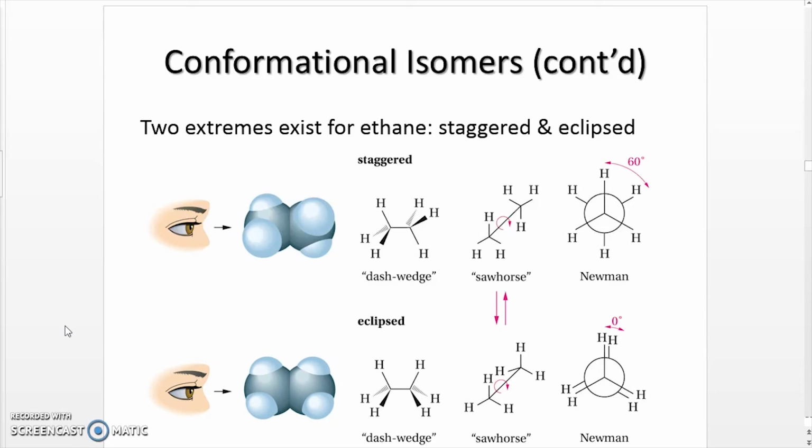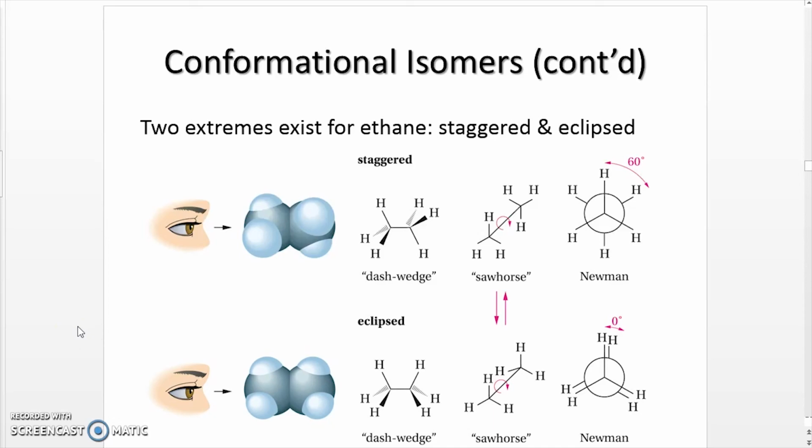And that's what we see in what's called a Newman projection. In this case, the hydrogens are 60 degrees apart. In the upper case, which is a staggered conformation, and in the lower case, the eclipsed conformation, you notice the difference in the sawhorse, how that will rotate, but now the hydrogens are very close together, resulting in an angle of 0 degrees in the eclipsed.